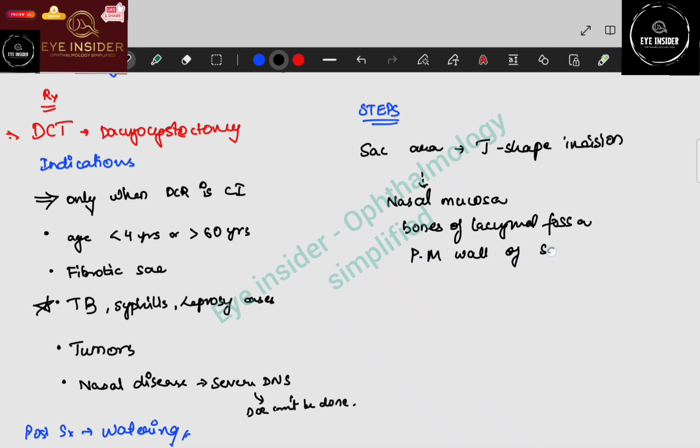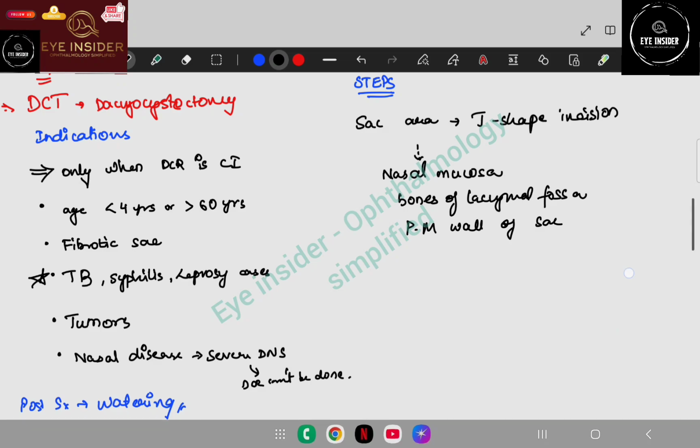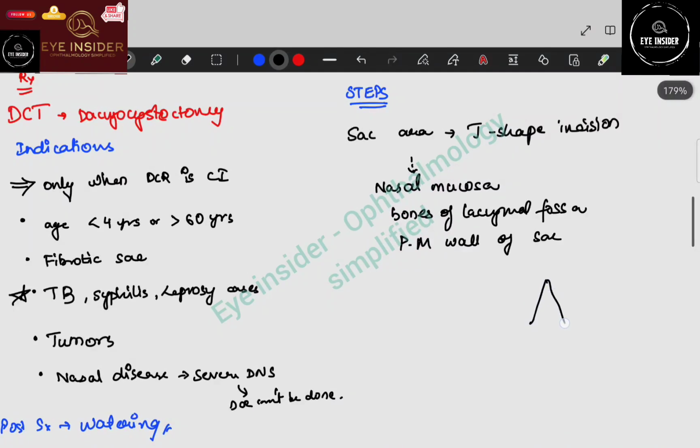After that, we will dissect it from its adhesions to the lacrimal fossa, and we will remove the sac, and the inferior edge of the nasolacrimal duct which remains will be probed or curetted.